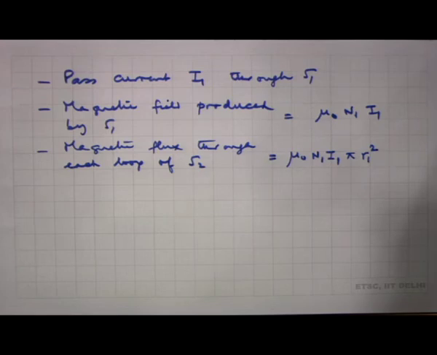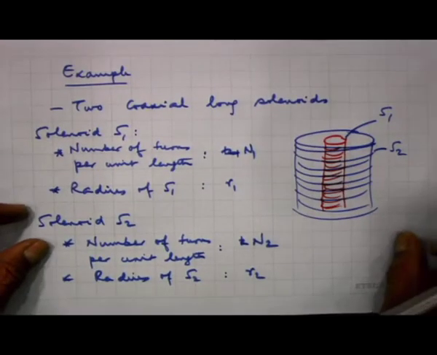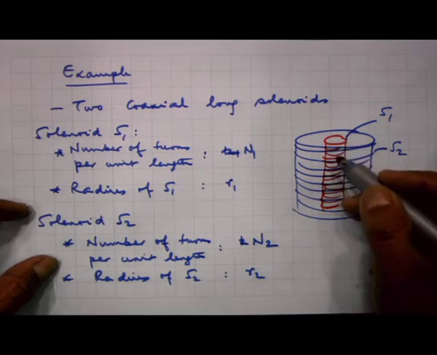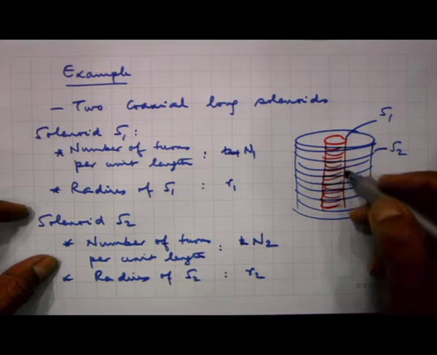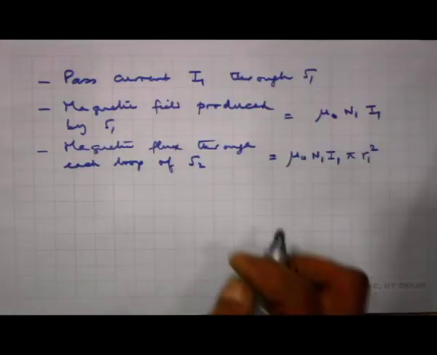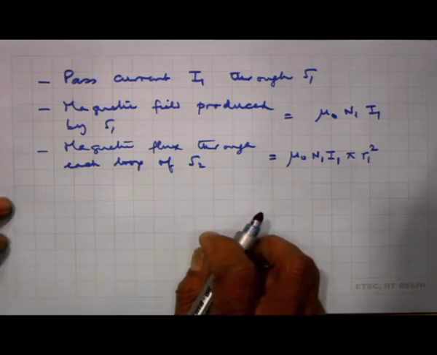Please note, although the area of S2 is pi R2 square, the magnetic field occupies only an area pi R1 square within the solenoid S2, and that magnetic field is uniform. So, every loop of S2 has a flux of mu naught N1 I1 into pi R1 square.